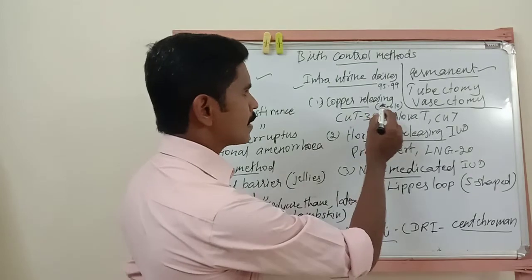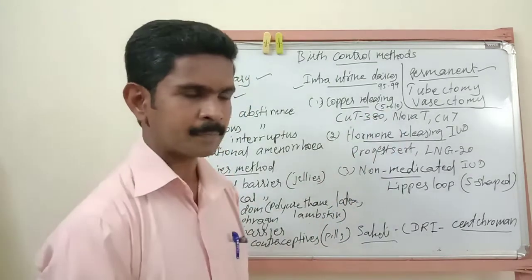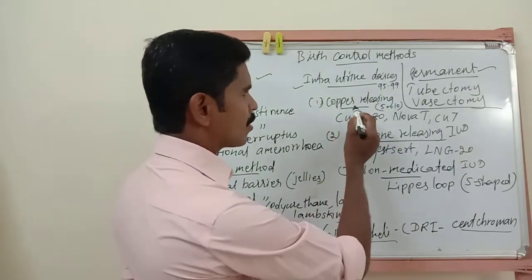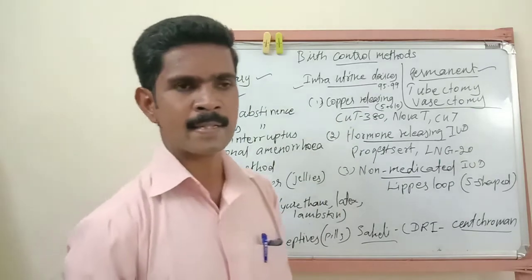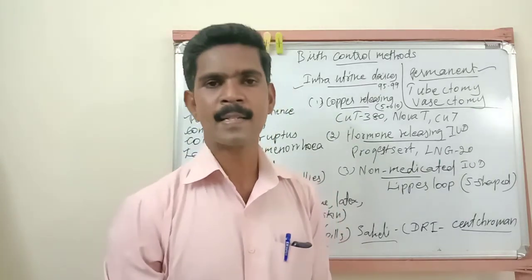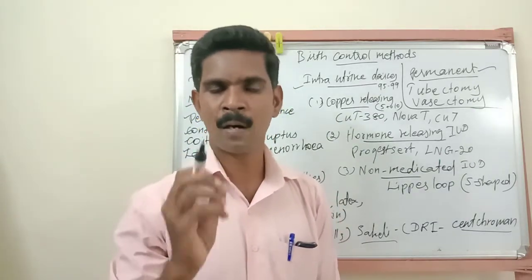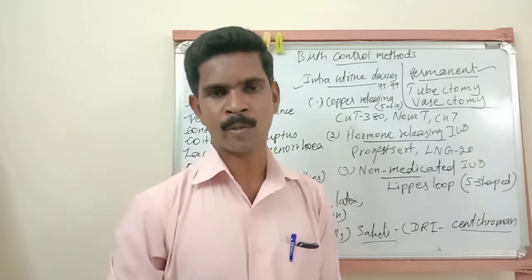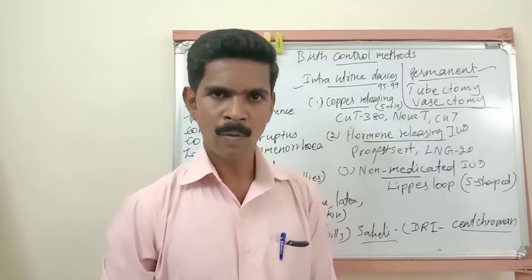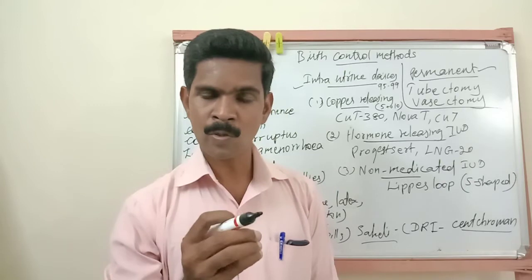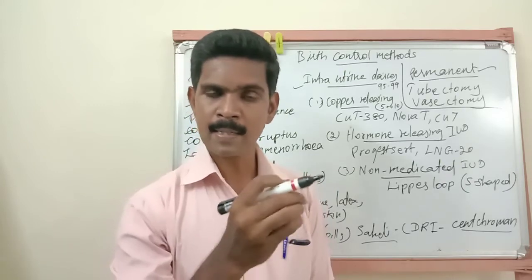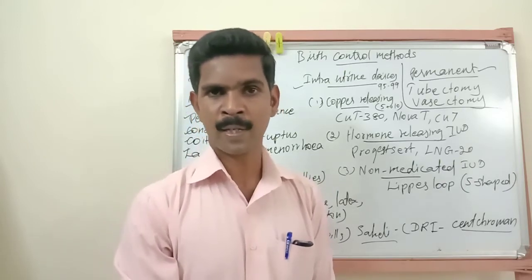Copper releasing intrauterine devices. When inserted inside the uterus, they release some copper salt or copper ions. As I already told you, these devices are inserted inside the uterus region of the female reproductive system.